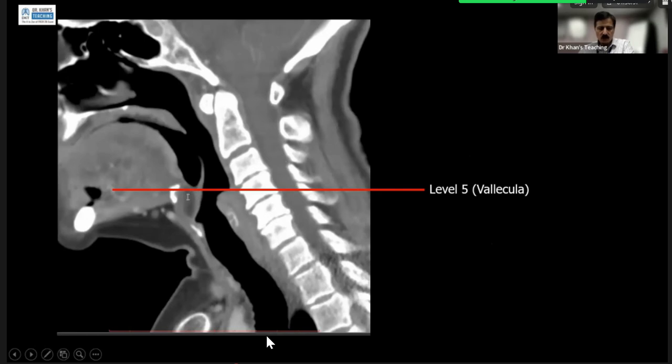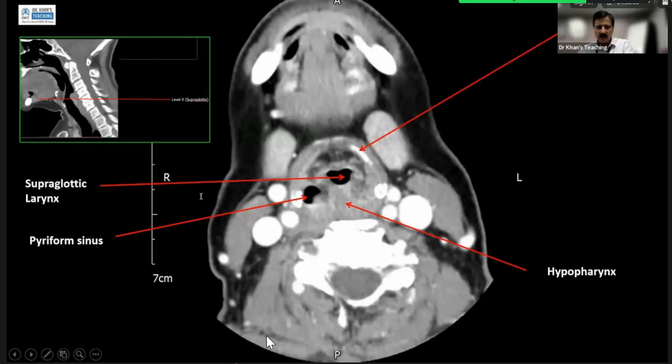You can see this low density. And this is the epiglottis. So point to remember, anterior to the epiglottis is fat, and we call it pre-epiglottic fat. It's a landmark, particularly on laryngeal imaging. So let's go to the next slice.